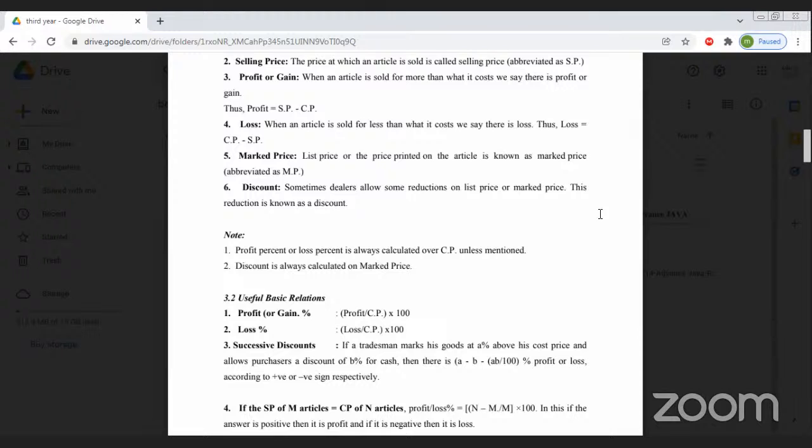Now, successive discounts means what? Let's say a shopkeeper has bought an item for, let's say, 100 rupees. But while selling it to a person, he's selling it for 120 rupees, as well as giving a discount of 20%.